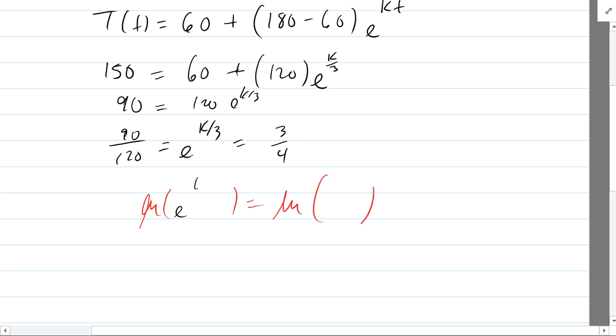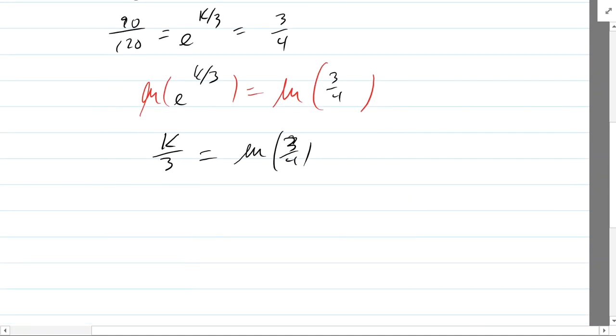This is e to the k over 3, and this is 3/4. So when I do that, this undoes, so k over 3 equals natural log of 3/4. Multiply by 3, does k equal 3 natural log of 3/4? Agreed?